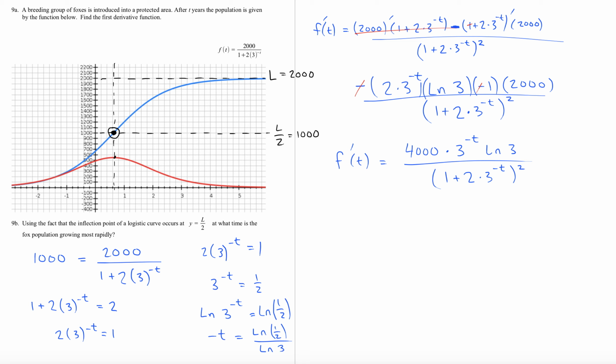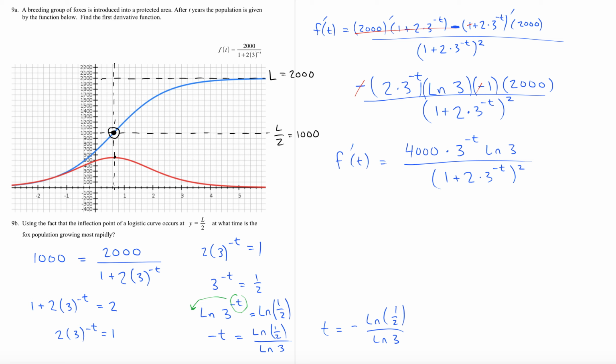Because when the t comes down in front, we can now divide by ln 3. And we'll get t equals negative ln(1/2) over ln 3.